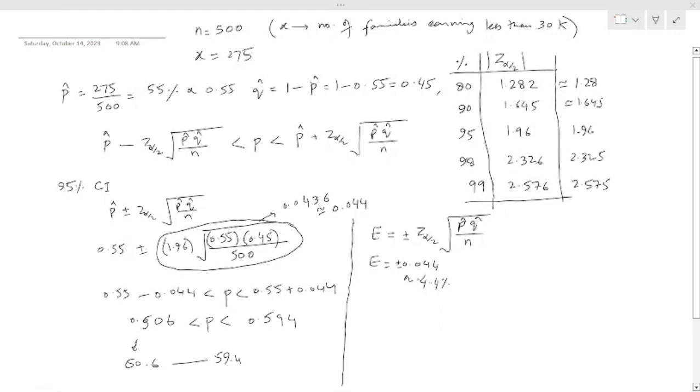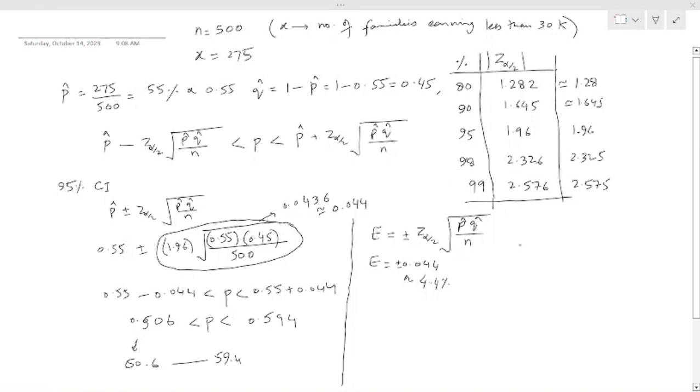So this is how we can interpret it. Again, the estimated percentage of the families who are earning less than 30,000 rupees a month lies within 4.4% of the actual.